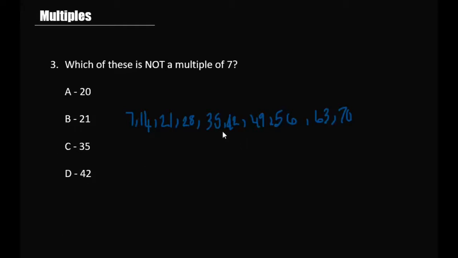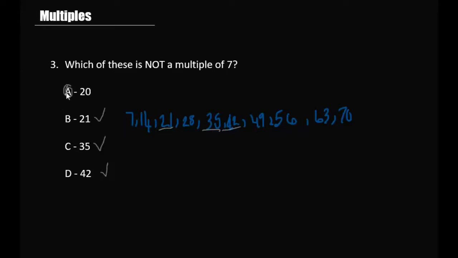There is a 42 right here, so we just put a check mark right here. 42 is a multiple. 35 is right here, so we check that off as well. 35 is a multiple. 21 is right here. We check this off as well because 21 is a multiple of 7 as well. 20 is not here, so it's not a multiple. So we're just going to put a circle here.